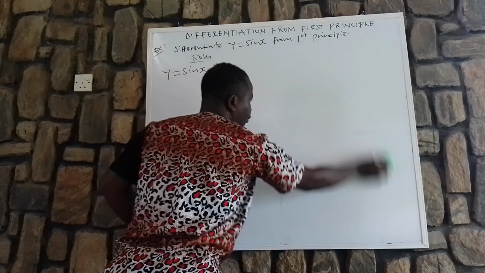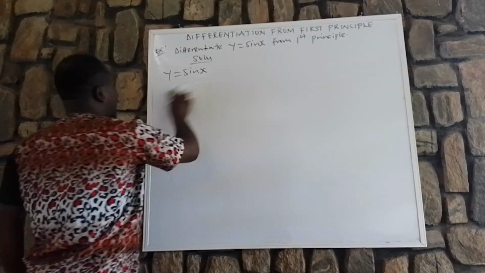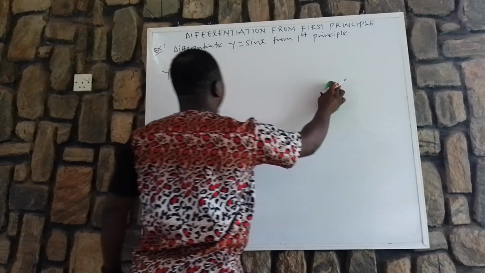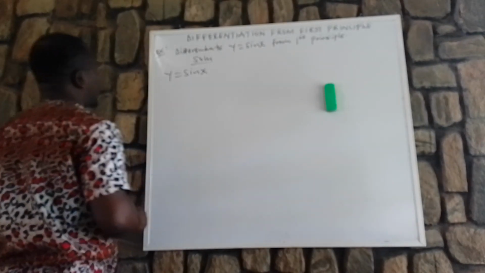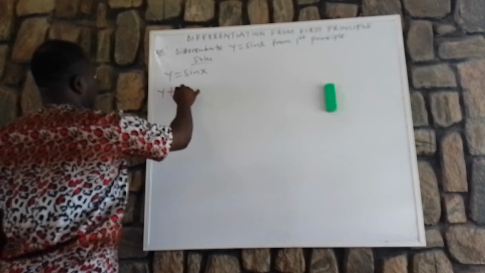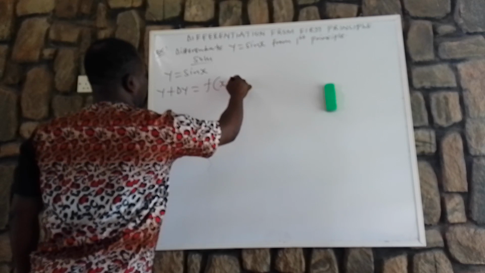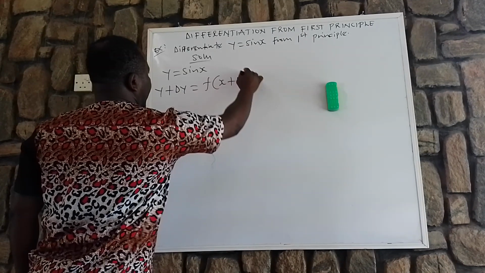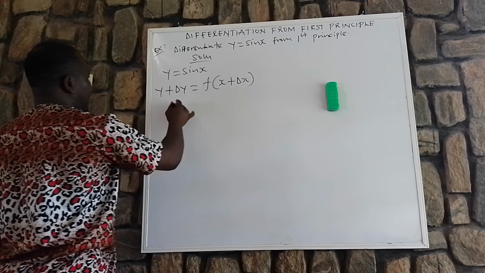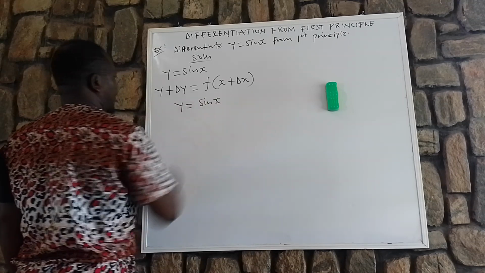So now let us differentiate this. In our first video, I demonstrated how to use first principle to differentiate a function. Let us write out the formula. y plus dy is equal to f of x plus dx. So our y is equal to sine x, isn't it?